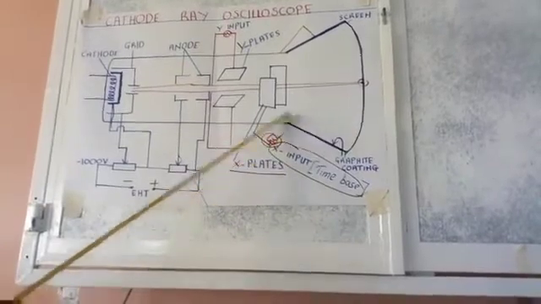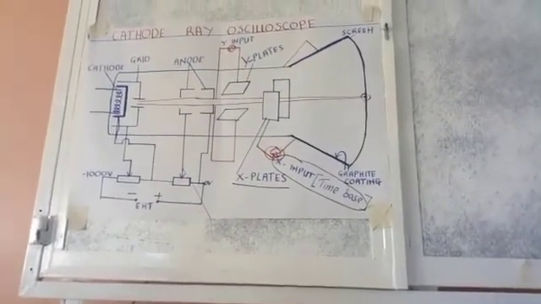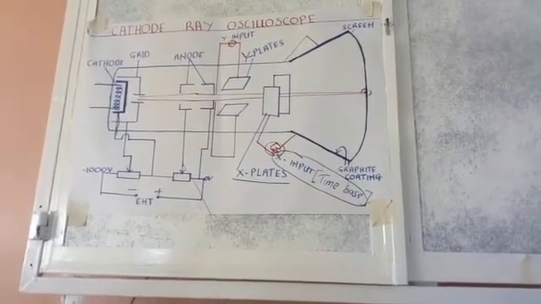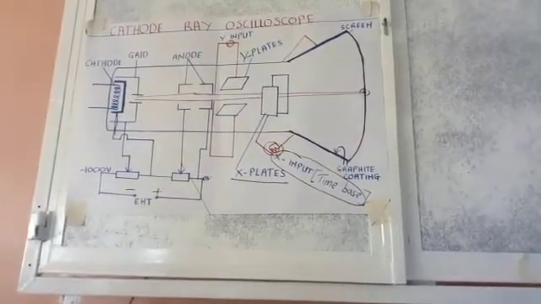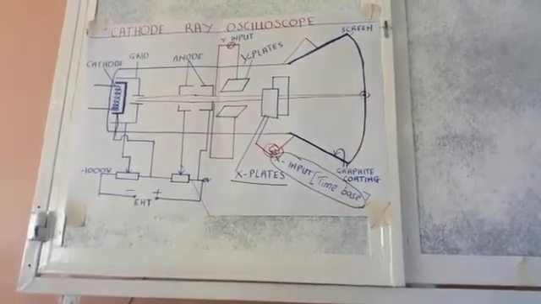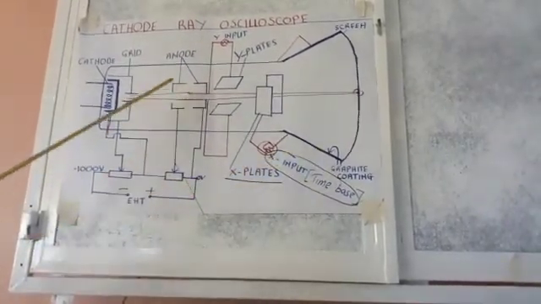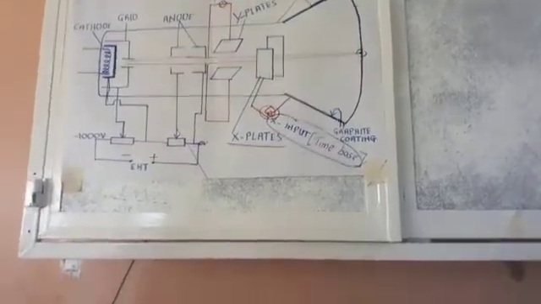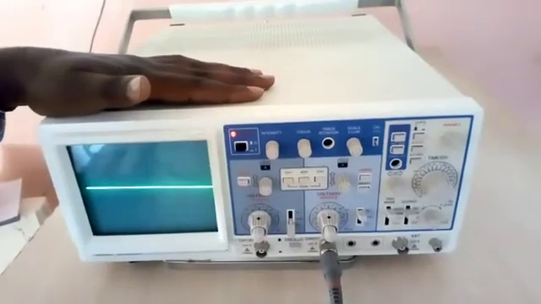We looked at the importance of this graphite, including earthing the electrons, protecting the electron beam from external electric fields, as well as helping in accelerating the electrons towards the screen.